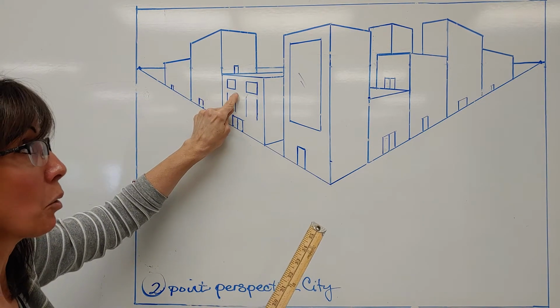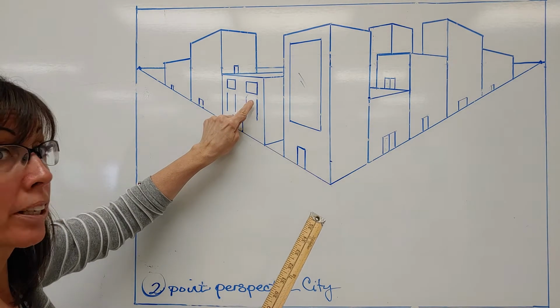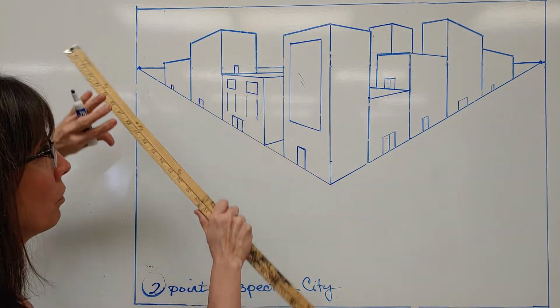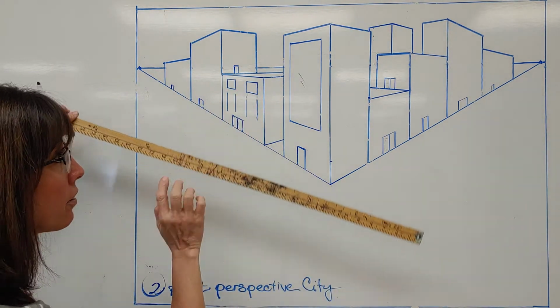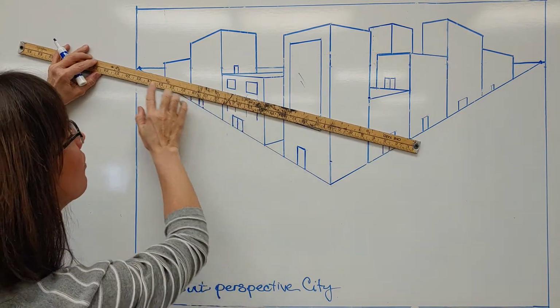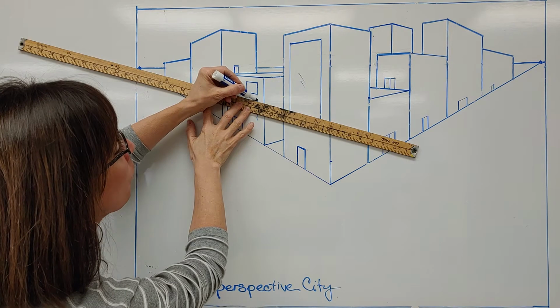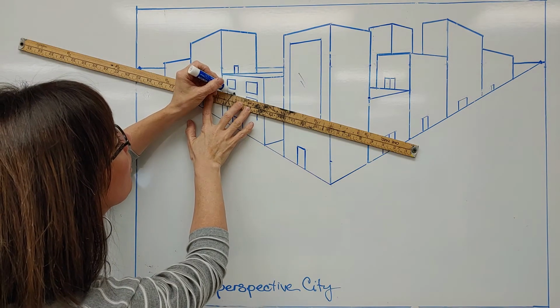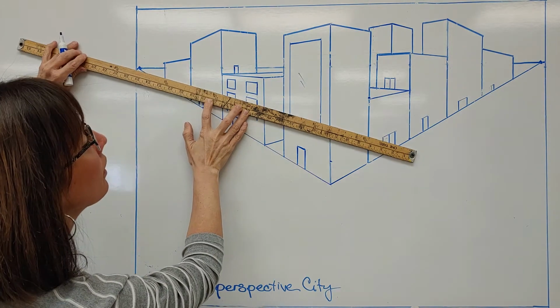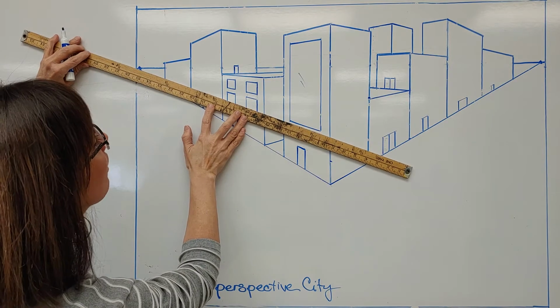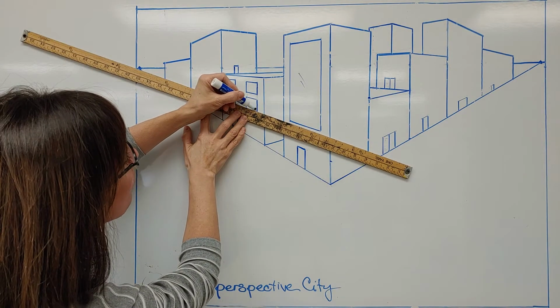Now I erased a little bit, which means now I'm ready to start my next set of windows using the same vertical lines that are there and the vanishing point again on the left side. Cap your windows at the top, scooch down, and cap them at the bottom.